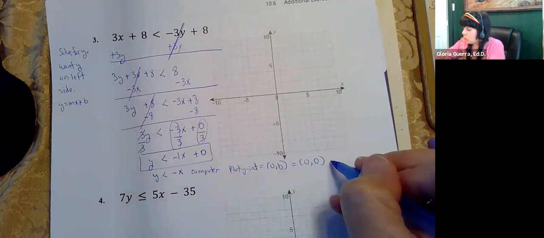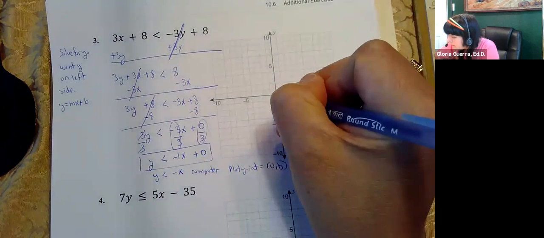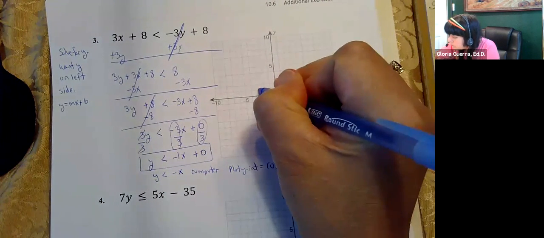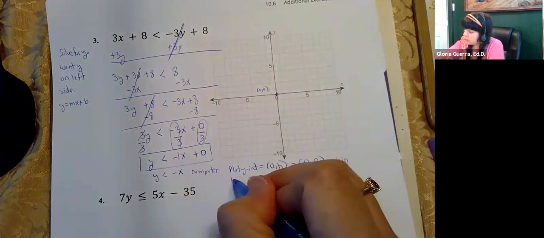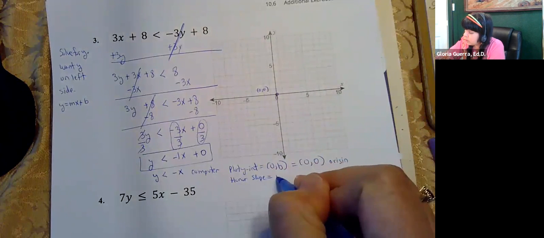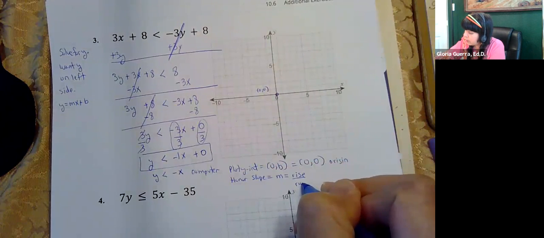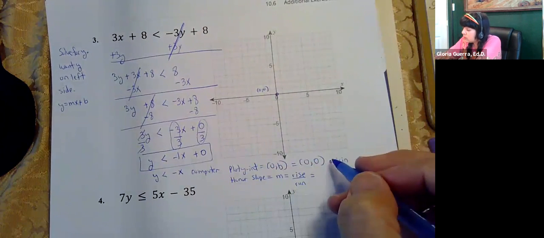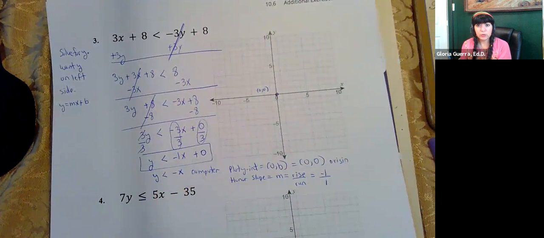That's the origin. That's right here. Then you're going to honor your slope, m, and you know it's rise over run. You need a fraction, so it's -1 over 1. There's a magic 1 underneath that.